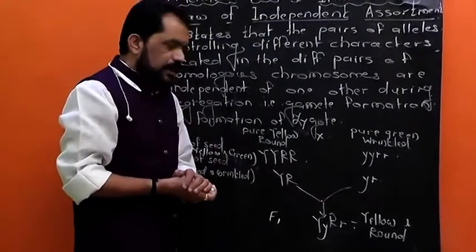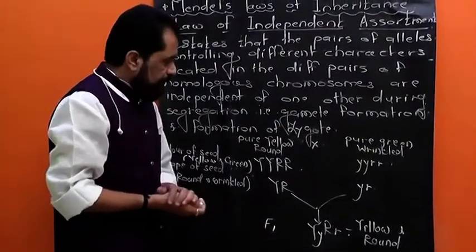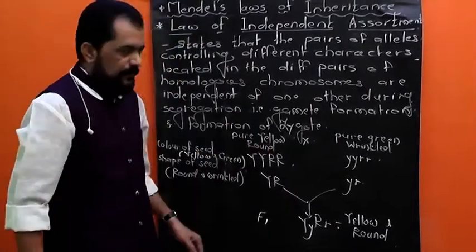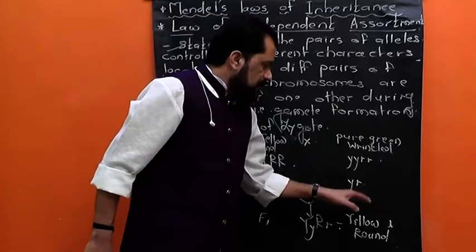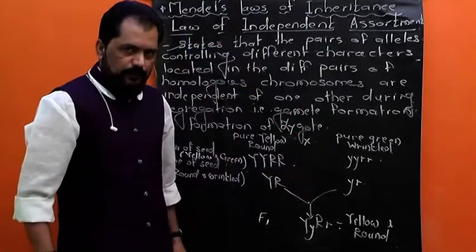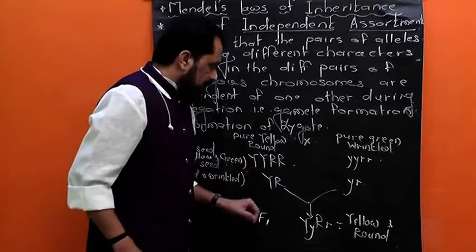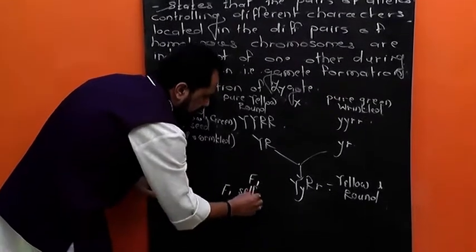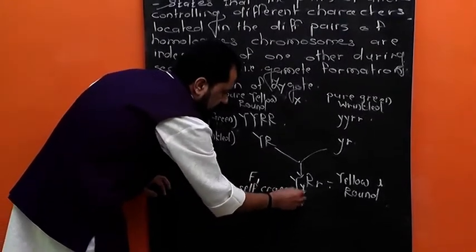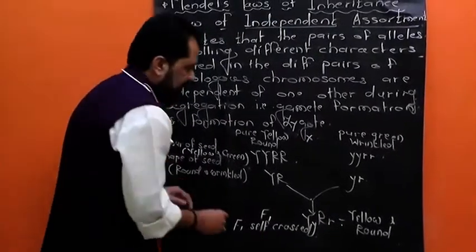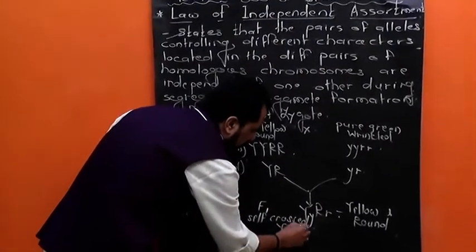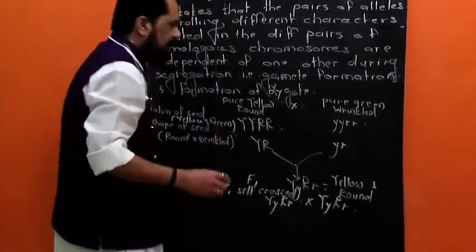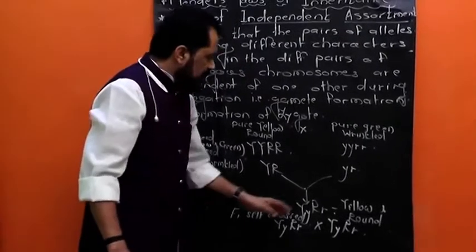Now here you can notice all F1 individuals produced in this cross appeared yellow round. Okay. Now when these F1 individuals are self-crossed, that is capital Y, small y, capital R, small r is crossed with the same, capital Y, small y, capital R, small r.